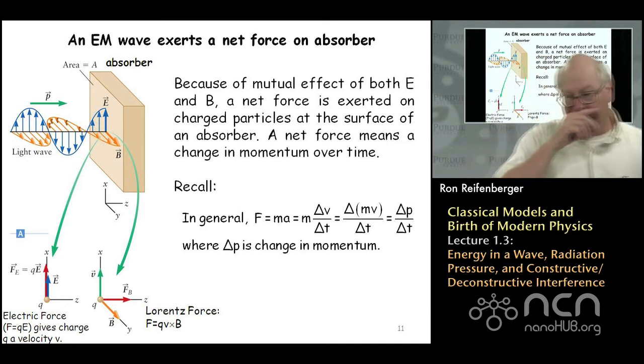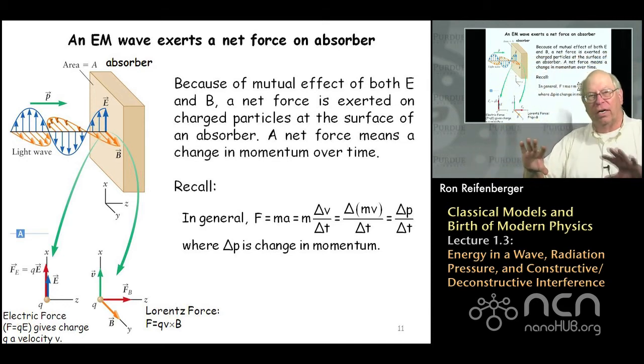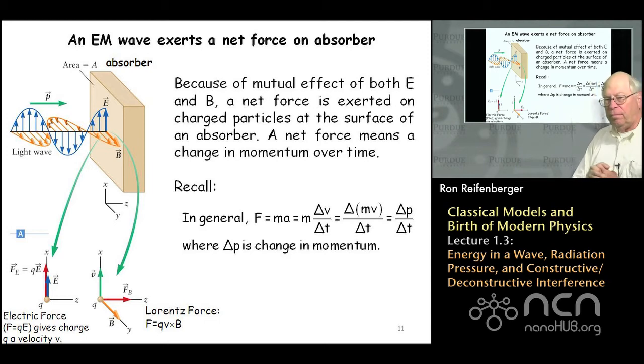It also turns out that this electromagnetic wave exerts a force on an absorber, right? Now, this is not obvious to begin with, but if you sit down and think about it, it becomes clear. The reason a force is exerted on the absorber is because there's an electric field that varies in time that's perpendicular to a magnetic field that varies in time.